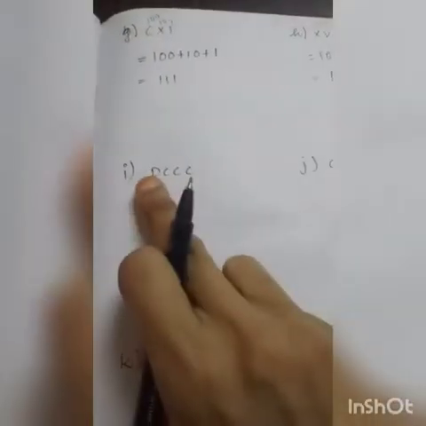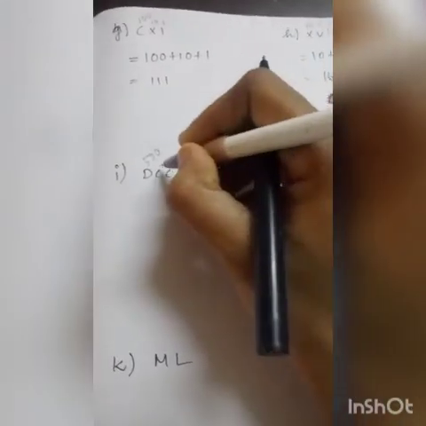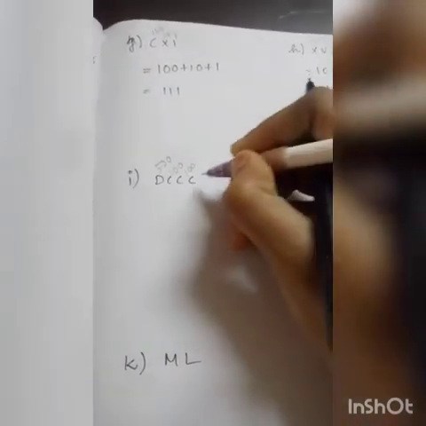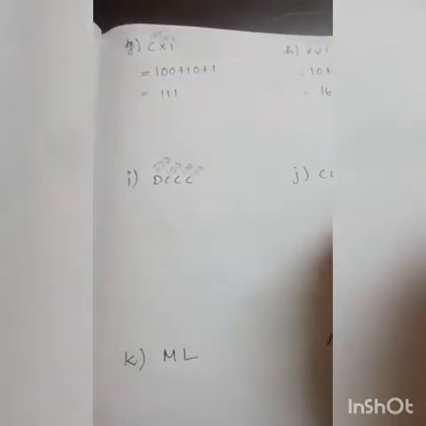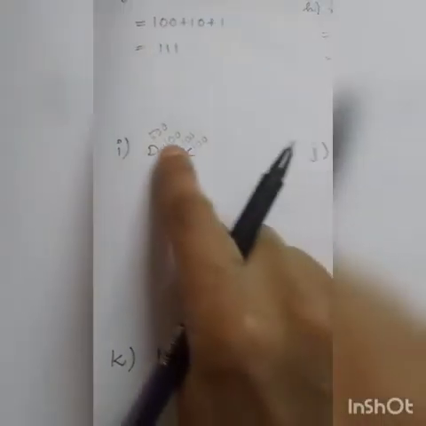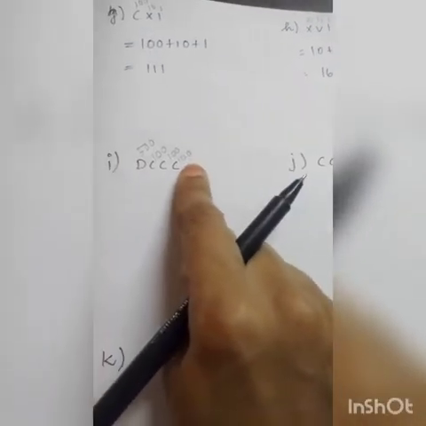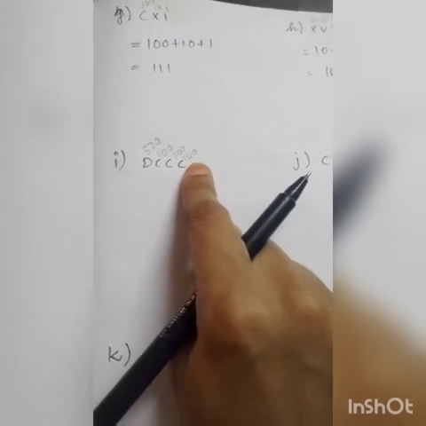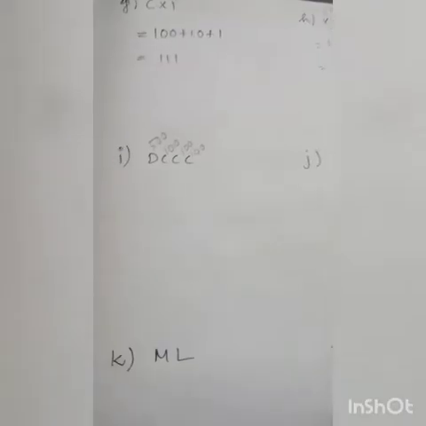DCCC. Okay, what is our question? DCCC. So D stands for what? 500. C stands for 100. C stands for 100. Then C stands for 100. These are all. So what order is it? It is in descending order. So what shall we do?